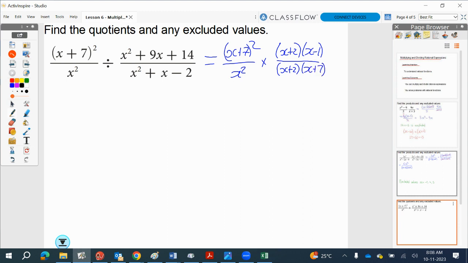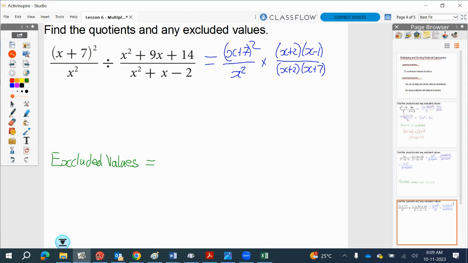Let's identify any excluded values. The original equation has the excluded values x equals -2 and x equals 1.